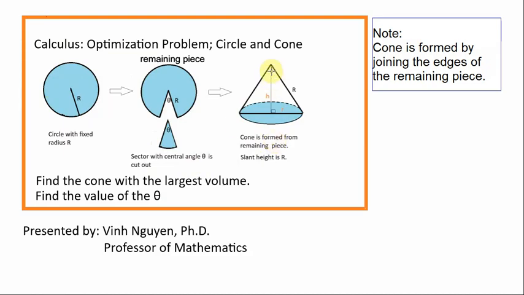Notice that the slant height of the cone is also the radius of the circle. As theta changes, we get a different cone, and so we get a different volume. So we want to find the cone with the largest volume and then find the corresponding theta.